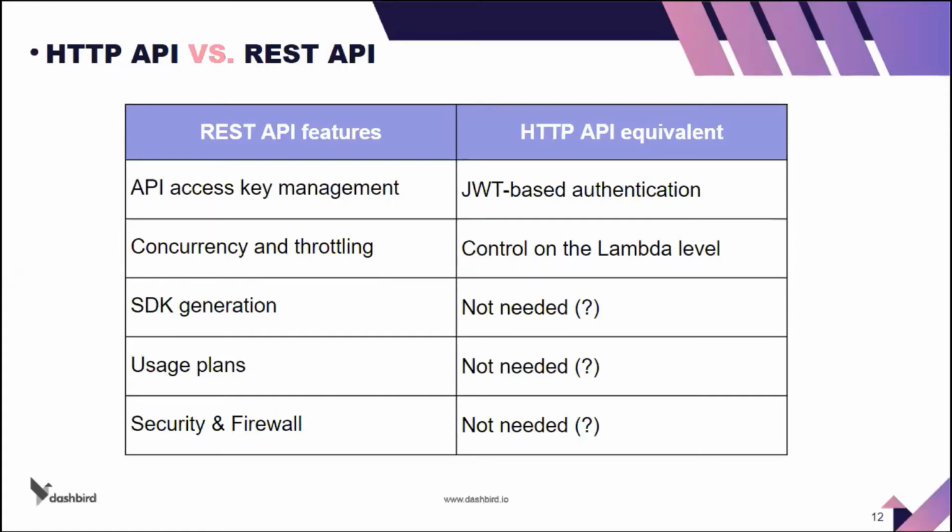But on the HTTP API, we miss this feature, but we still can control concurrency on the Lambda level. So for internal purposes, that might be more than enough. And in terms of authentication and authorization of requests, the REST API is much richer, but we can use JSON Web Tokens, which is an open standard. It's very easy for developers to work with in the HTTP API, so it might be enough for our internal use cases as well.